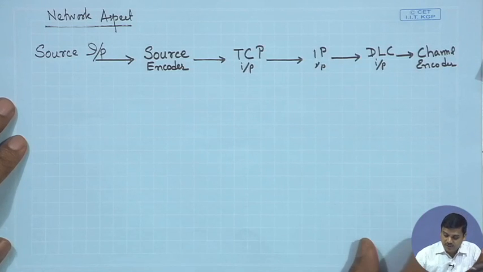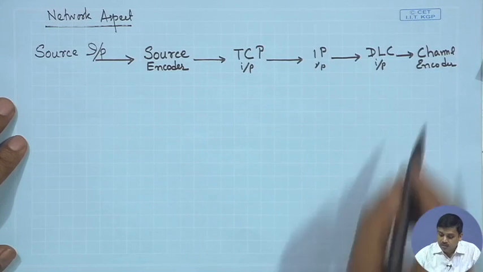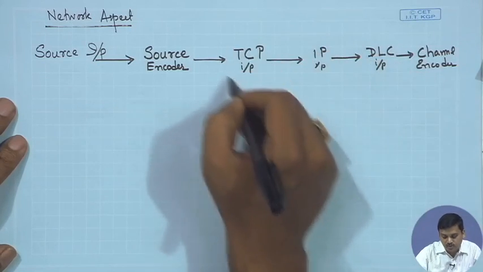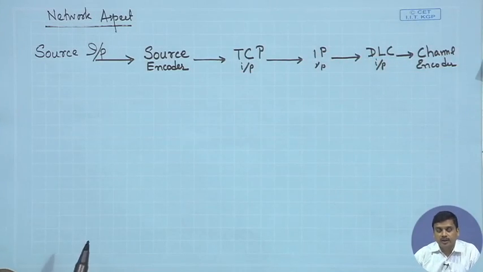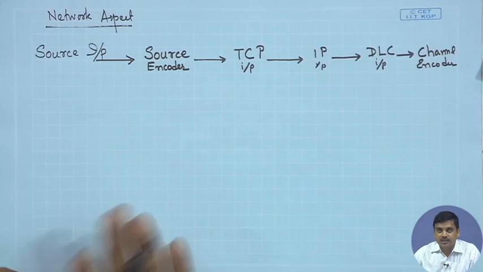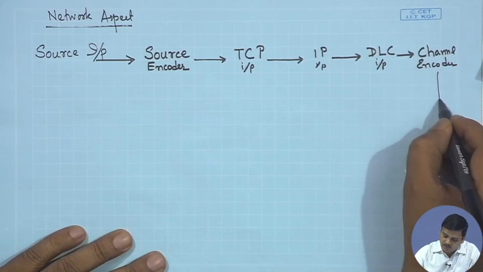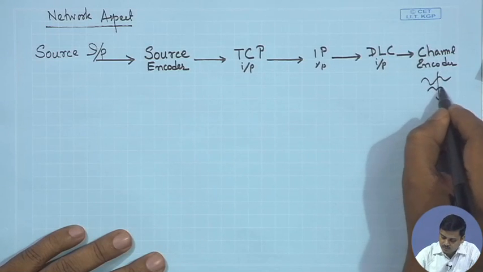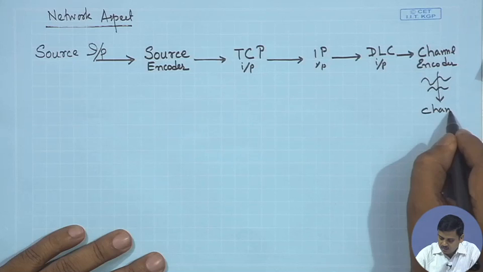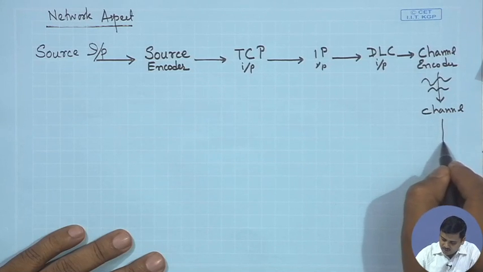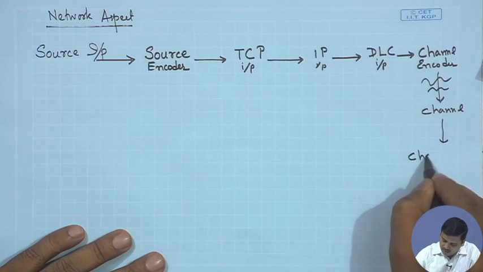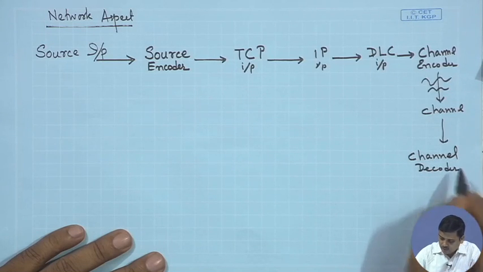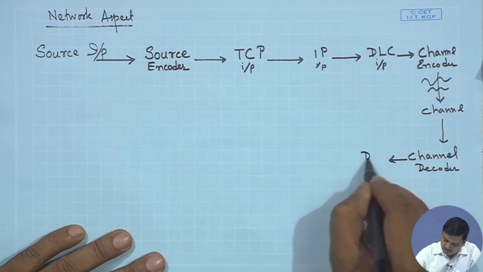When we had written channel encoder, we did not mean these things, but these could become part of the channel encoder in our earlier diagram, and this is generally what happens. From the channel encoder, which generates waveforms, it goes to the channel, and the reverse procedure we will see some of the components.